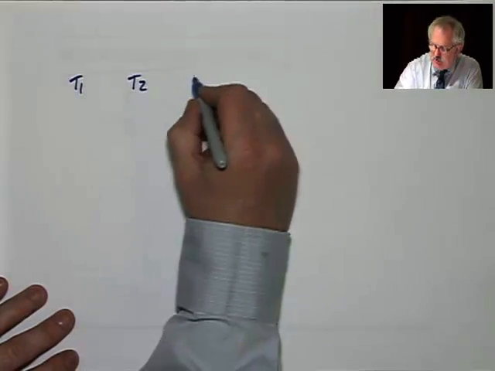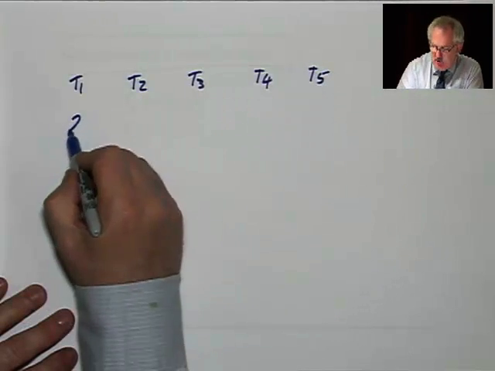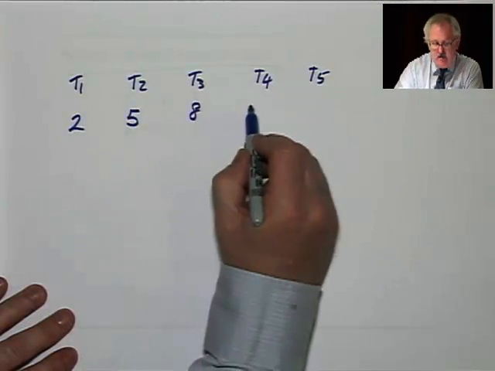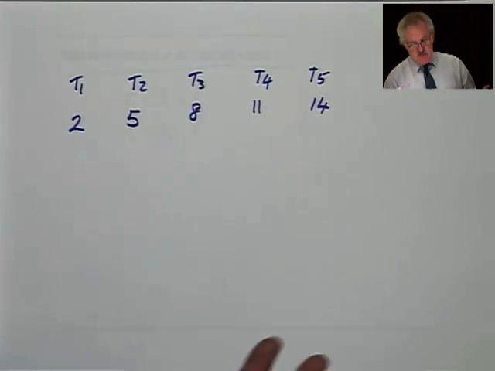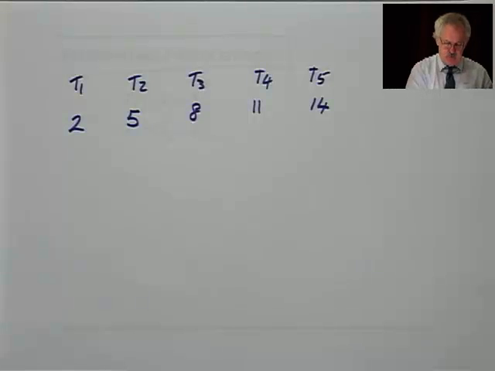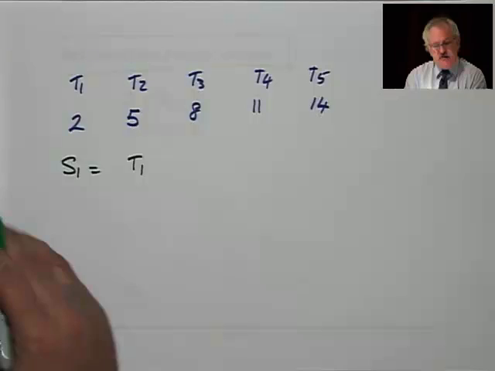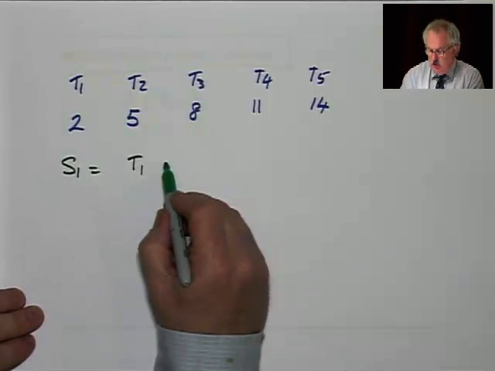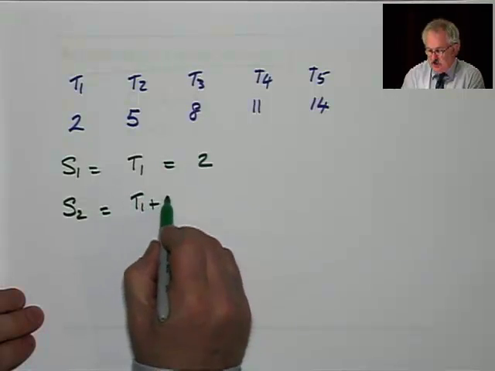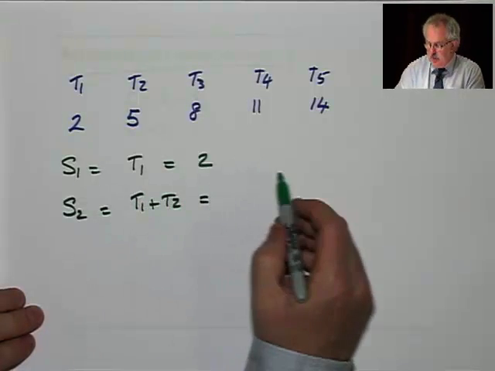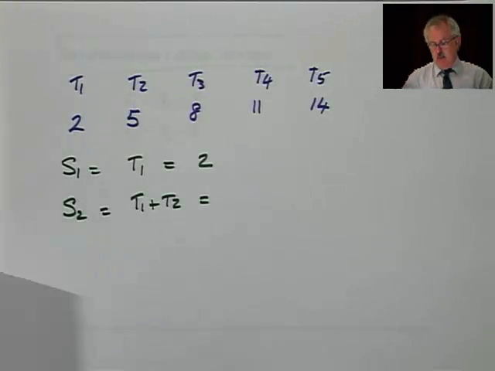T1, T2, T3, T4, T5: 2, 5, 8, 11, 14. It doesn't matter what the numbers are for this piece of work here. What we get is that S1 is T1, the sum of which is 2. I'm going to write this differently. It's the same question.